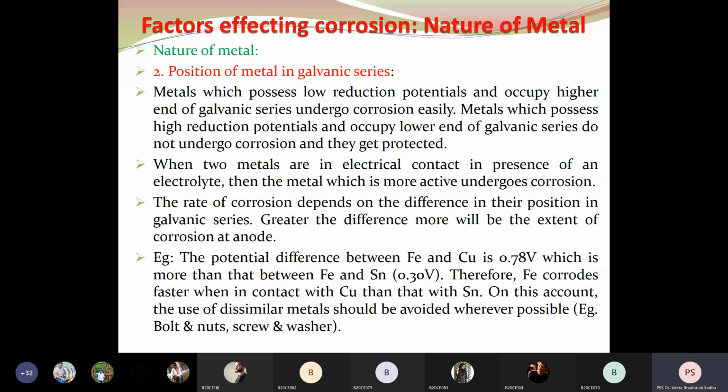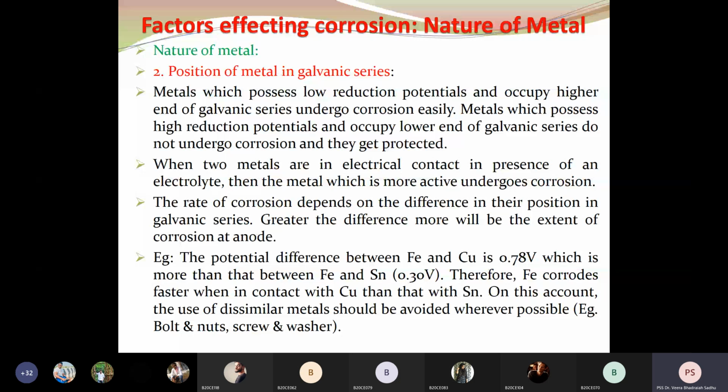the greater the difference, the more the corrosion. So if the difference in the position is more, then the extent of corrosion at the anode is more. For example, the potential difference between iron and copper is nearly 0.78 volt, and the potential difference between iron and tin is 0.3 volts.